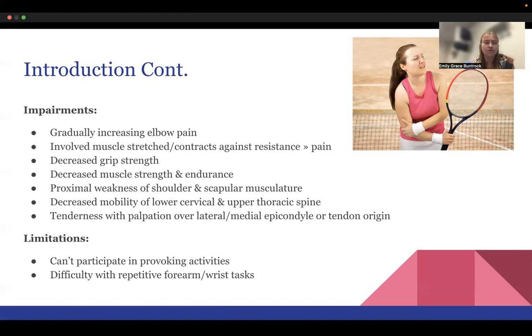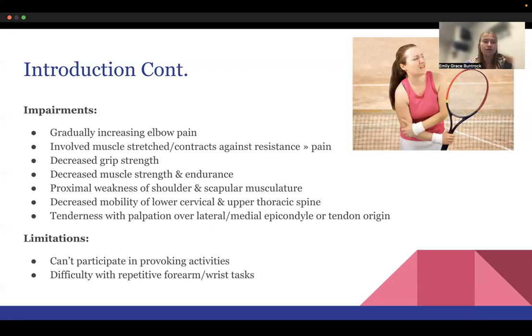Many people experience decreased grip strength because of that pain, and they will also experience decreased muscle strength and endurance. Another impairment would be proximal weakness of the shoulder and scapular musculature, as well as decreased mobility of the lower cervical and upper thoracic spine, as well as tenderness, which goes along with that pain over the lateral or medial epicondyle.